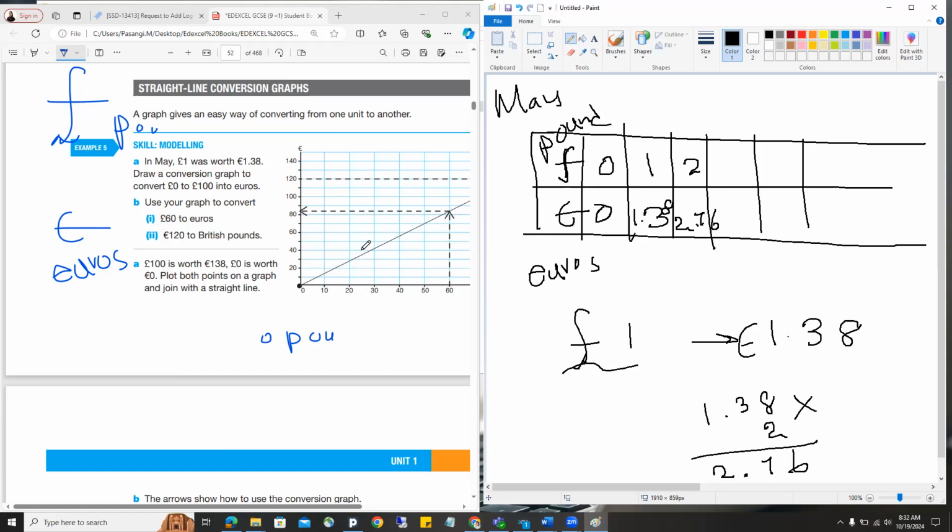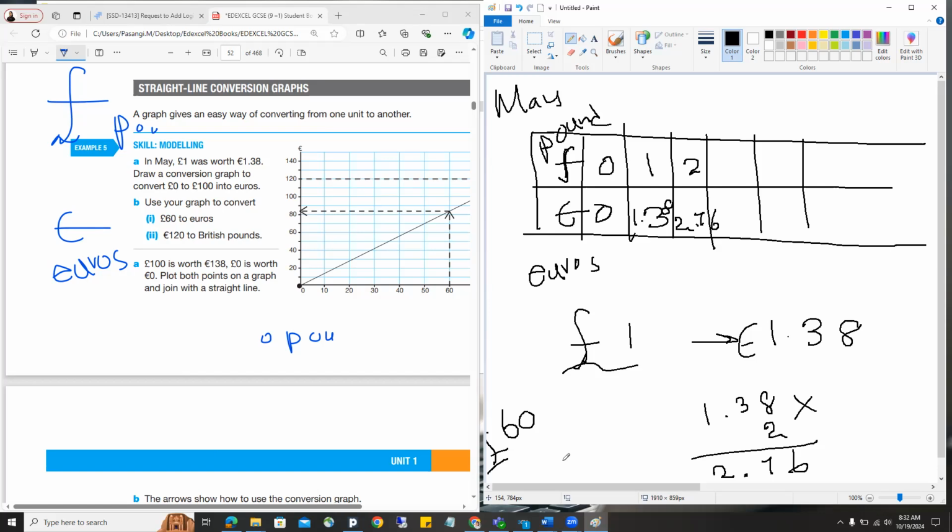They have marked it from 10 to 10, like 10, 20, 30, like that. So we have the values; we can calculate all these values like this and then draw the graph. Now tell me, if it's 60 pounds, how much does it cost in euros?